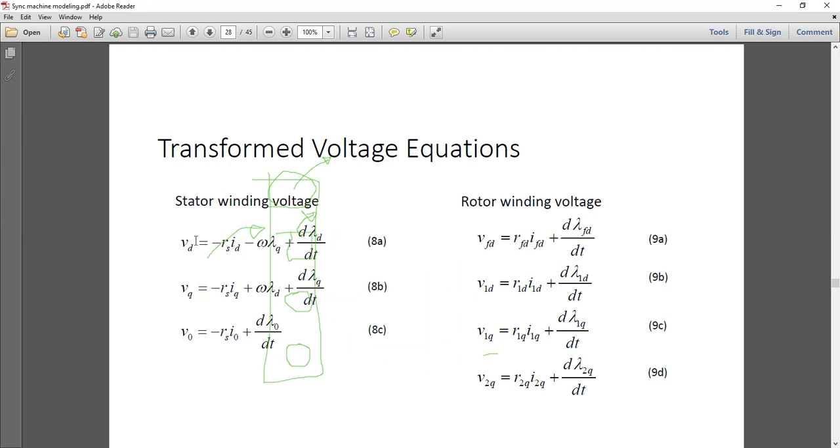On the other hand, the currents in the DQ0 reference frame, even after transformation, have a minus sign. So now we have all the voltages, the stator winding voltages and the rotor winding voltages, on the same coordinate system. That is the DQ0 reference frame.